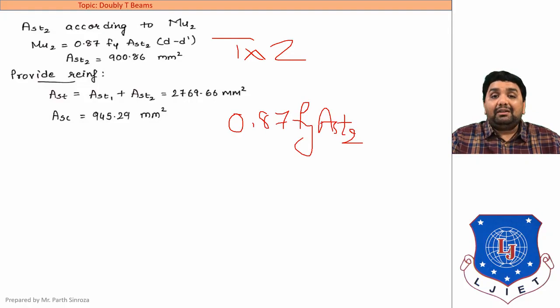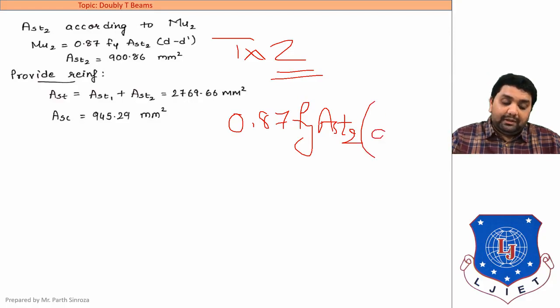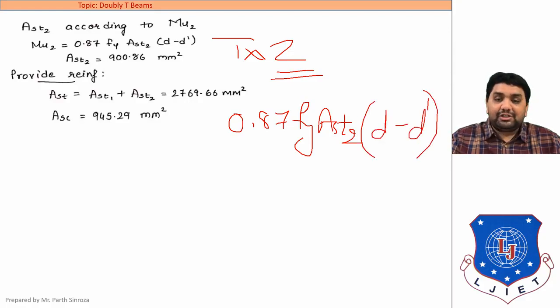For finding AST1, we were referring to capital T equal to 0.87 F by AST1. Clear? And Z will be due to our WT section, that means our steel provided. So the Z will be taken as D minus D dash. For finding AST1, the Z was D minus DF by 2, and now for finding our Z2, it will be taken as D minus D dash. So solving it, we will be getting an answer 900.86 mm square.